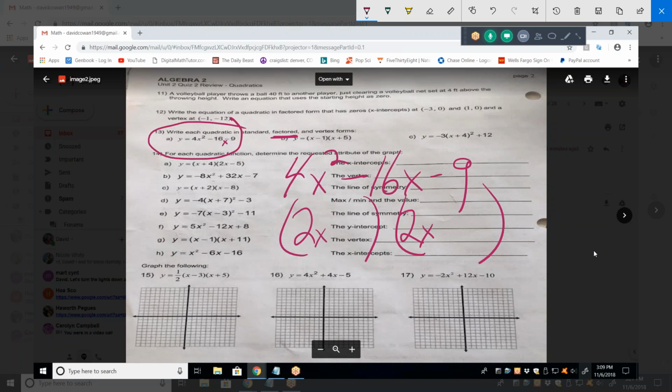I'm always going to start with the two closest factors. There's a reason: most of the problems they give you in the state of Colorado, the answer is always the two closest factors. This is purely a trial and error process.